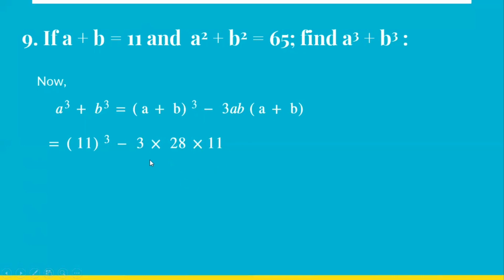Cube of 11 is 1331. 11 into 3 is 33. 33 multiplied by 28 is 924. 1331 minus 924 gives 407. This is how we get the value of a cube plus b cube as 407.